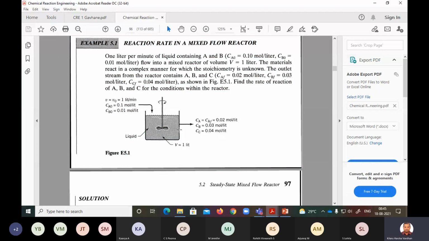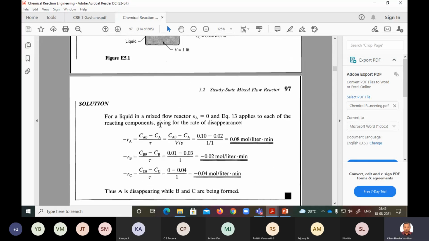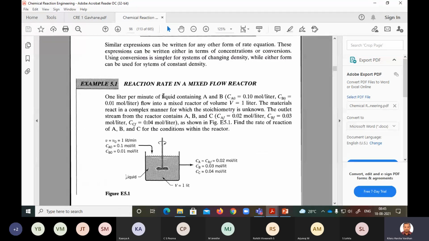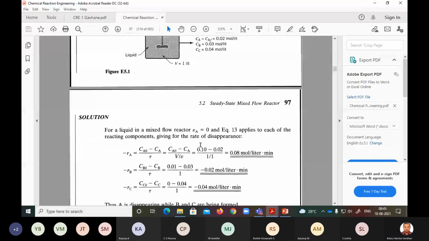So volume is given, volumetric flow rate is given. You can calculate tau, which is volume divided by volumetric flow rate. So 1 divided by 1 gives tau as 1. Now you know tau is 1. We know that tau by Ca naught is XA by minus RA, because that is the expression. For a liquid in a mixed flow reactor, the expansion factor will be 0.